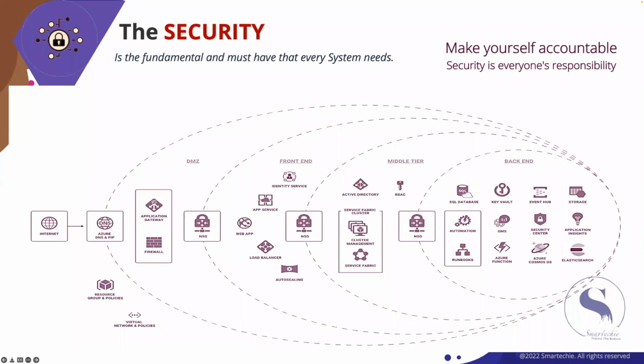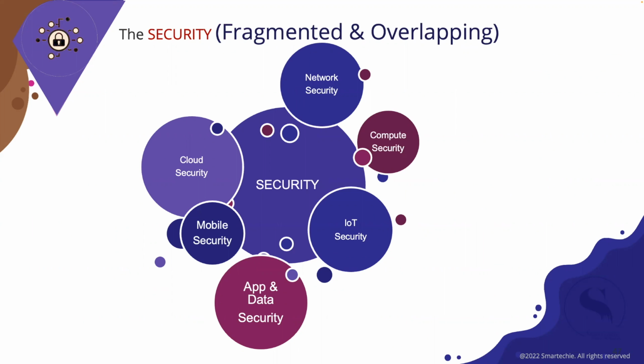That's where security comes into play and gives the benefit to the whole outside world. As we know, security is all over. There are different areas where security always comes first.